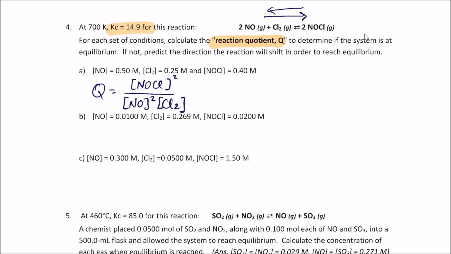The question told us Kc is 14.9. So can you tell what we're going to do to decide if the reaction is at equilibrium? We're just going to put these concentrations into the expression and calculate Q. If we're at equilibrium, Q will be equal to Kc, won't it?